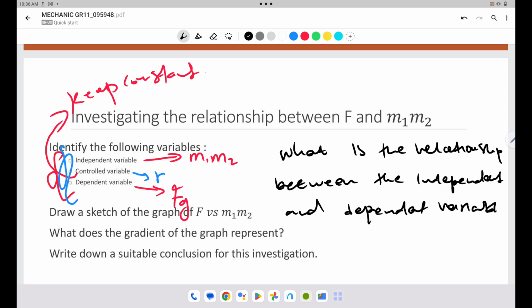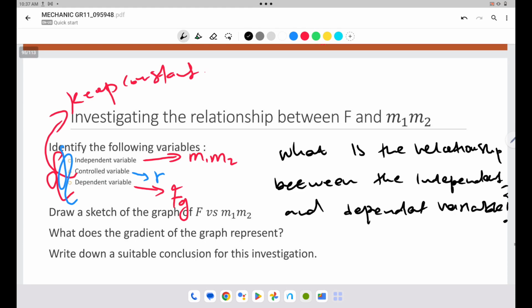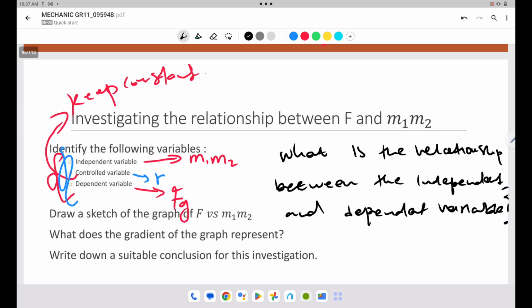That is the skeleton. So our investigative question might be, what is the relationship between the product of the masses and the gravitational force? Or someone might have phrased it with how. How does the product of the masses affect the gravitational force? Have the question mark there at the end.